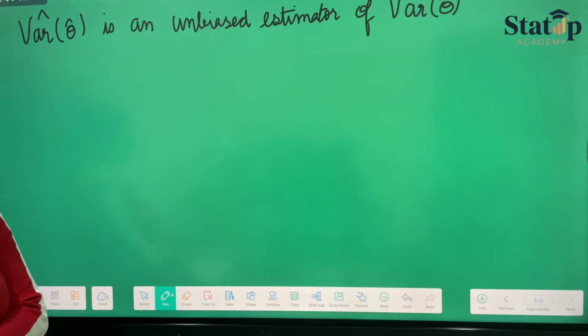Now if the distribution is symmetric about the mean, which is theta, then what will be the confidence interval?